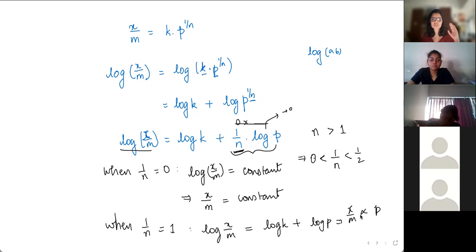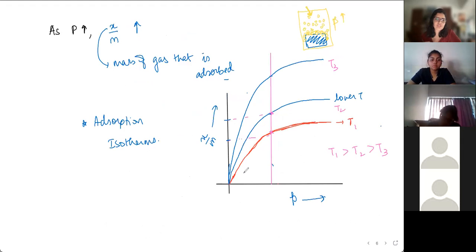So it becomes almost linear, which is what this graph shows. At extremely low pressures this is almost a straight line, and at extremely high pressures it becomes a parallel straight line where x by m becomes constant.